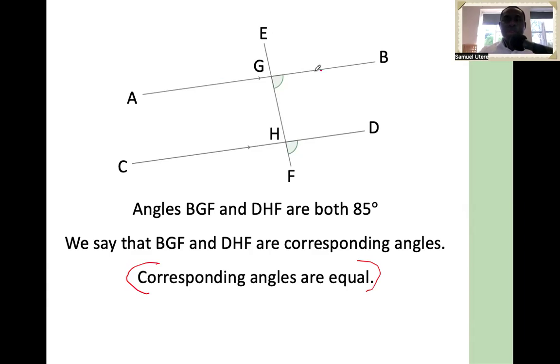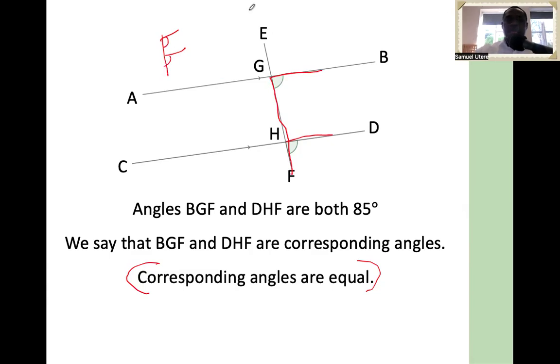Have you noticed this shape when you look at this? So we have an F shape and the angle is in the same location of an F shape. So if we have something like this, the angle is here.